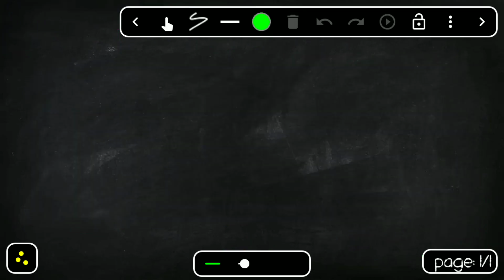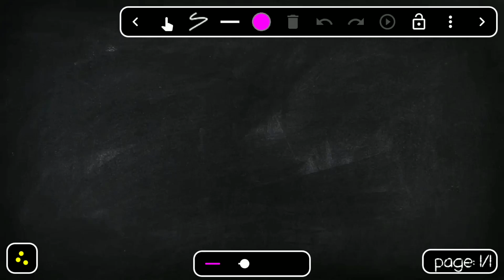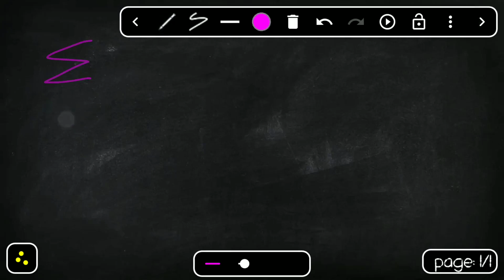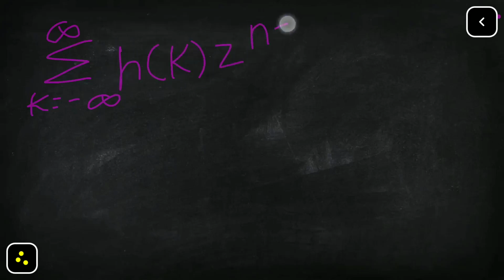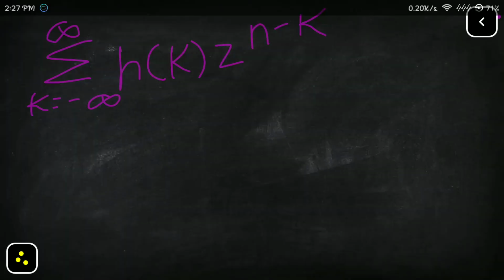Next, we are going to write it in terms of that: the summation for k equal to minus infinity to infinity of h of k into z to the power of n minus k. Did we substitute? Yes, we substituted.